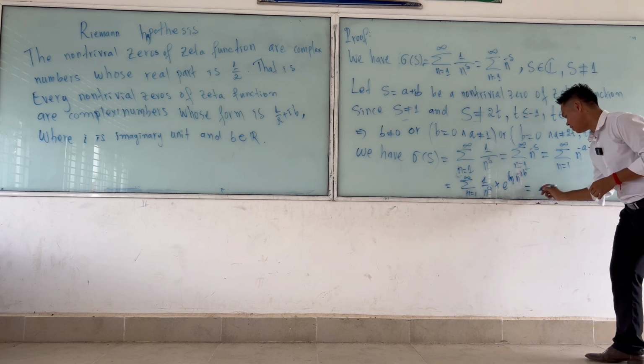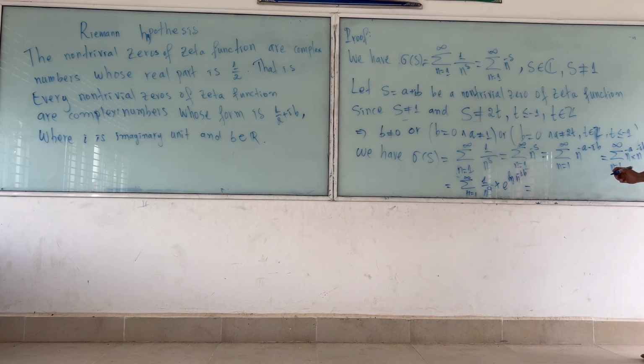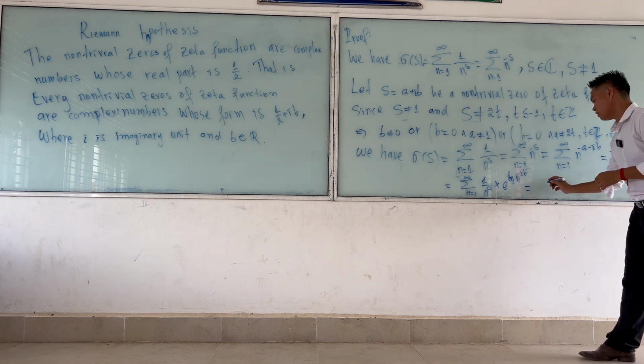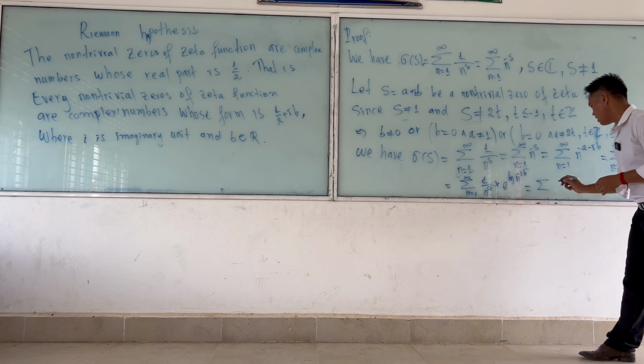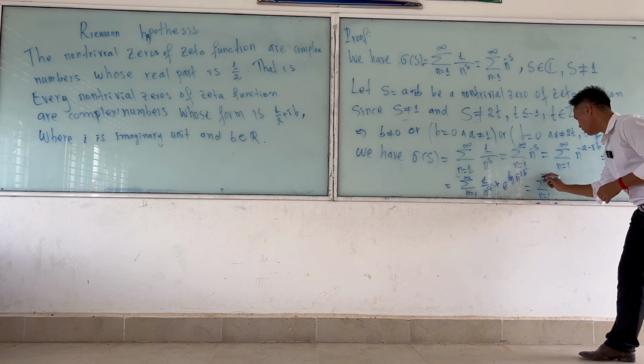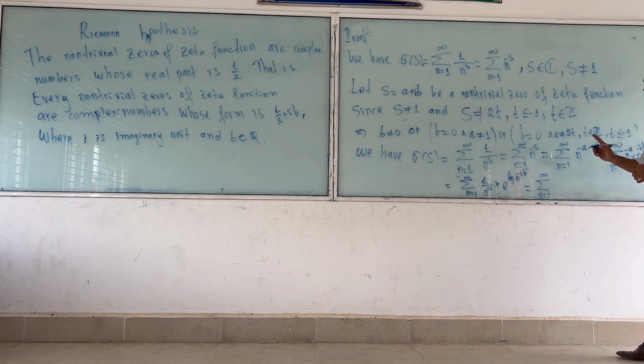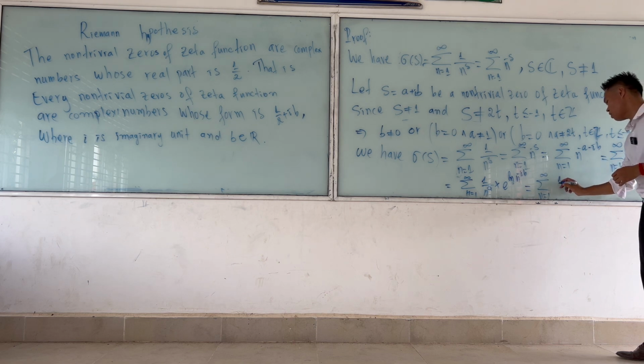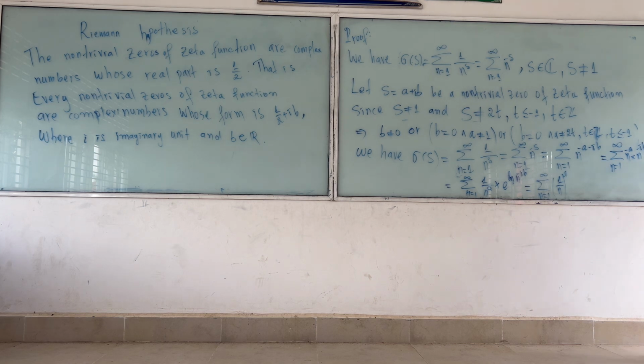So from this, you can get sigma n from 1 to plus infinity, and 1 over n power a, I can say 1 over n all power a, like this, right?